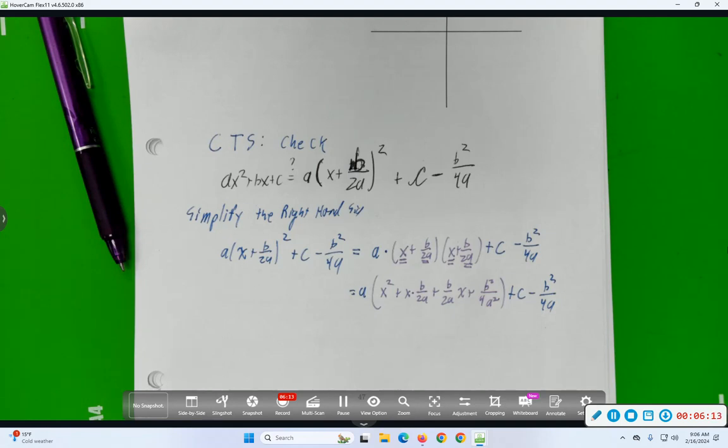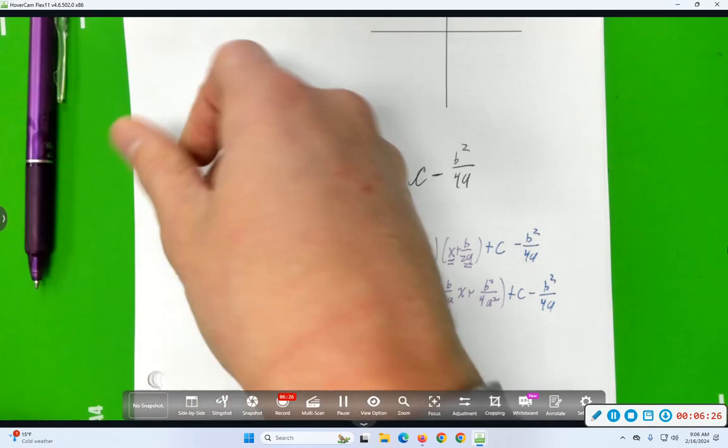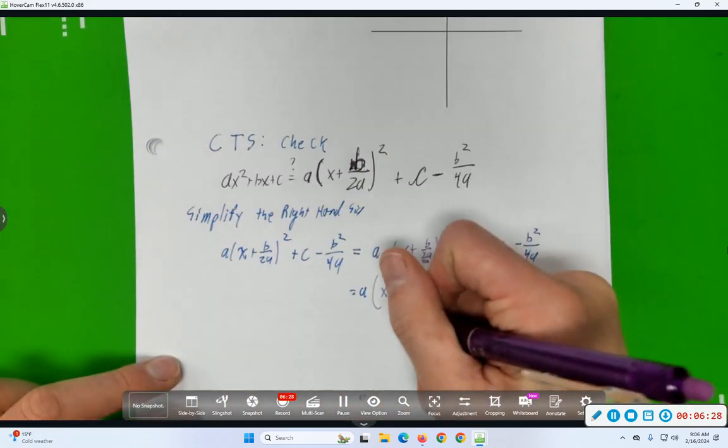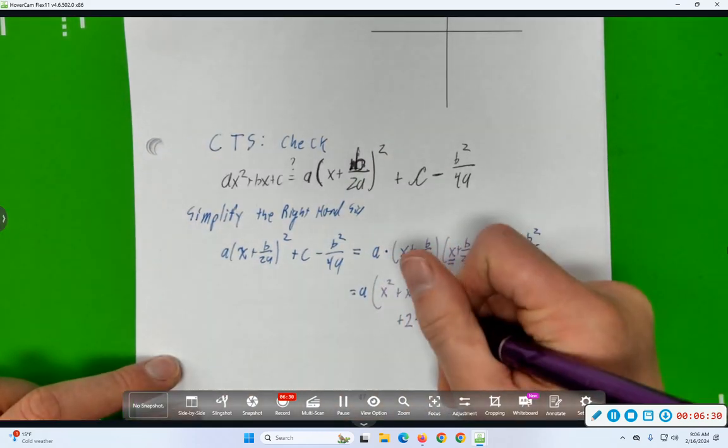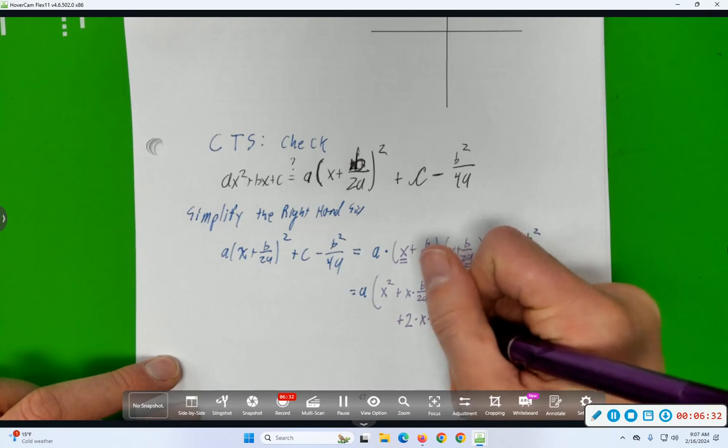Is there maybe a term in that sum that you see added to itself? Cool, yeah, so let's take advantage of that. Thing plus thing is just 2 times thing. 2 times x times b over 2a.